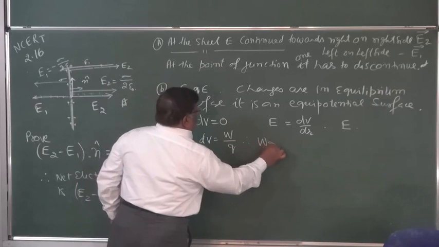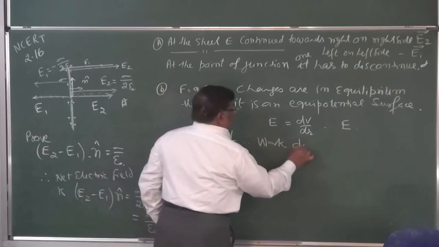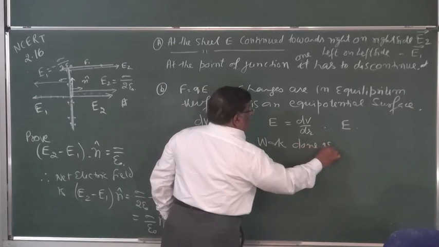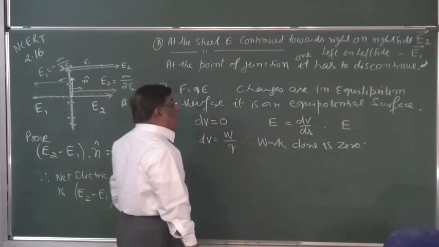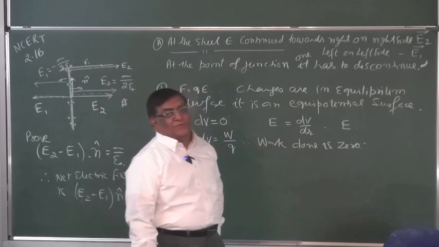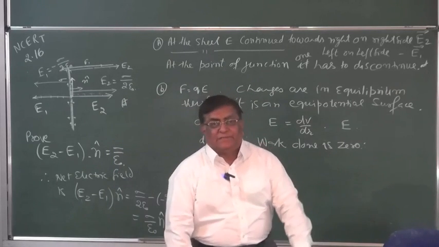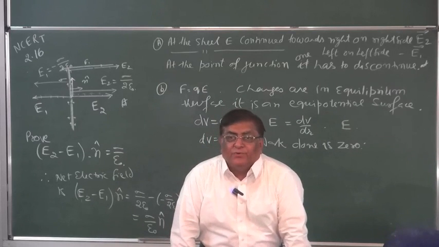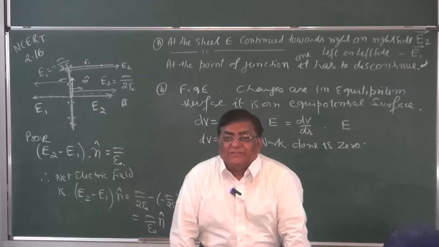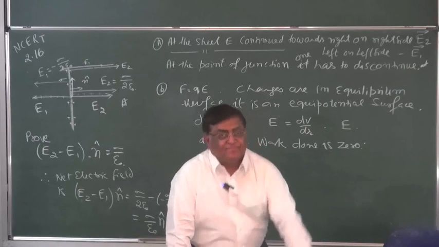Therefore, work done is 0. Work done is 0 is possible when the electric field value remains the same. It does not change.